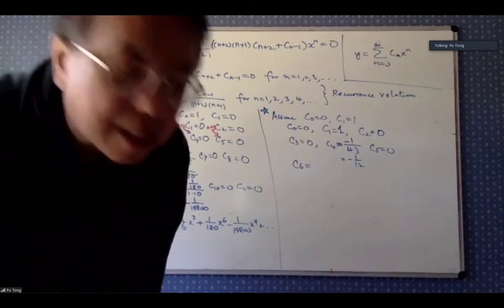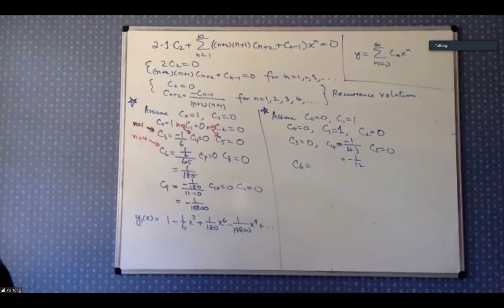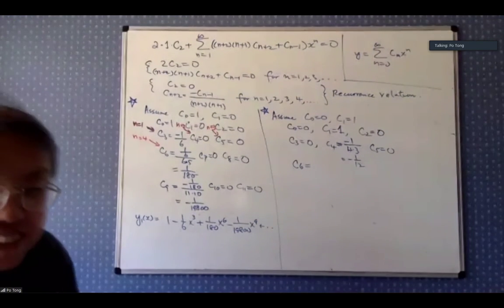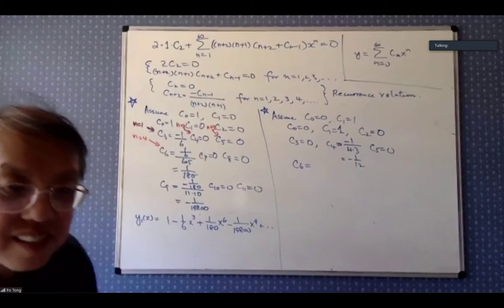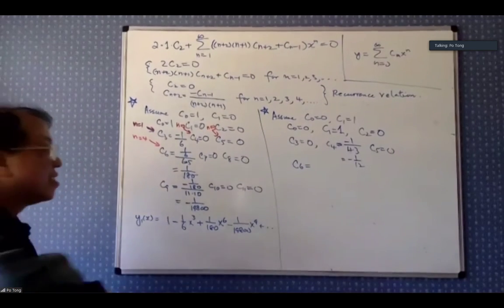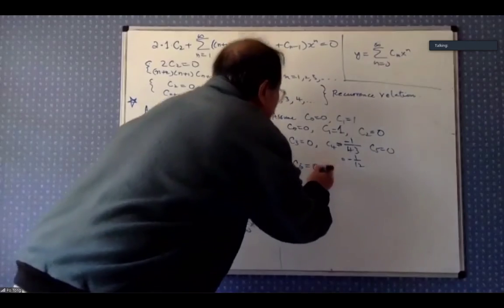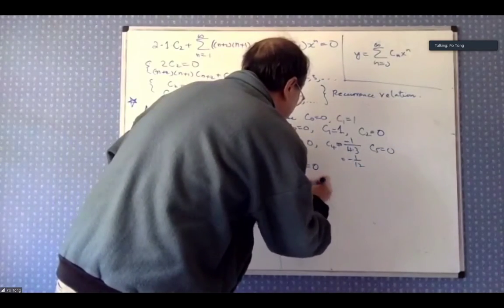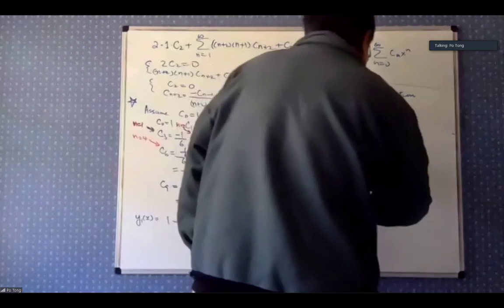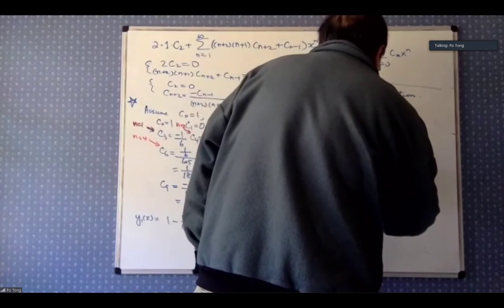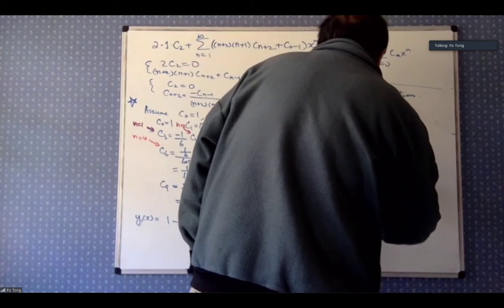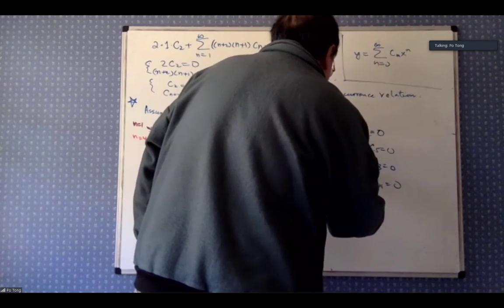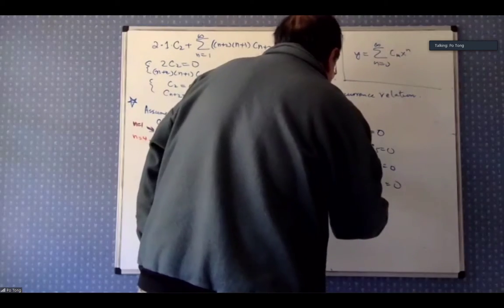What do you think? Are you guys all lost? C6 is 0, right? So the whole column is 0. C9 will be 0, all these are 0. C2 is 0, C5, C8, all these are 0. C11 is 0.